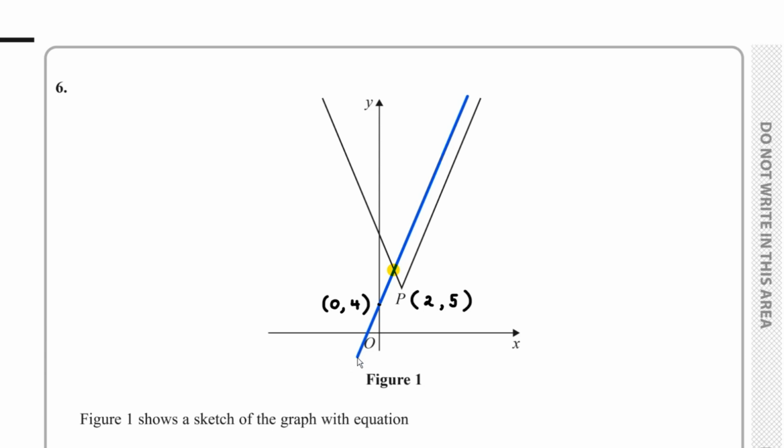Now, this blue graph here has equation y equals 3x plus 4 because this bit and this bit are parallel to each other, meaning they have the same gradient.